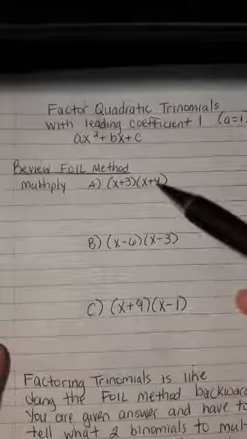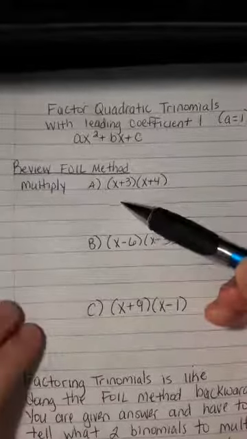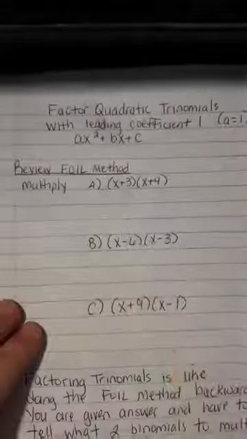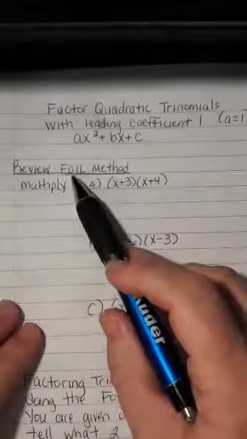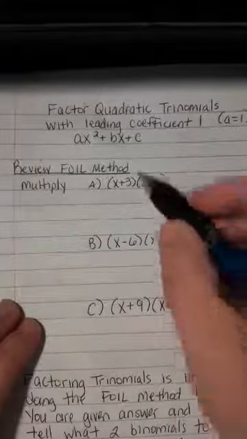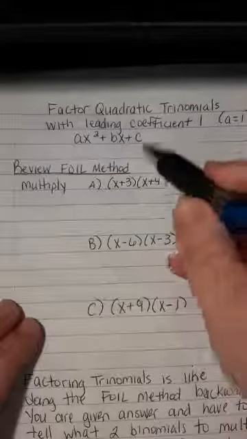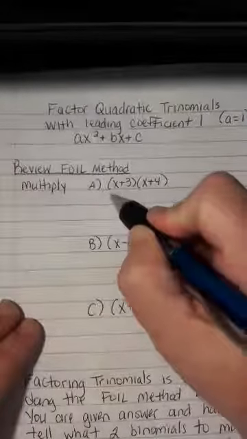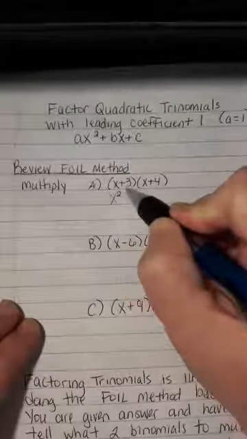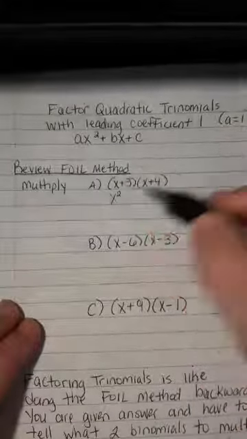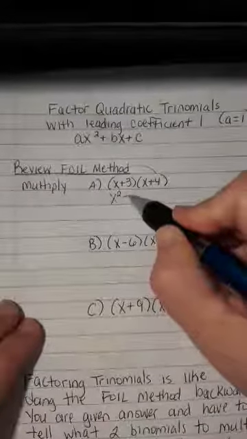So, look at this first one. We're going to review when you have 2 binomials and you multiply them together using the FOIL method. Remember, FOIL stands for first, outside, inside, last. And so whenever we multiply these, we multiply the first terms together, x times x, which is x to the second, because you add your exponents. And then you multiply the outsides together, x times 4, and you get 4x.